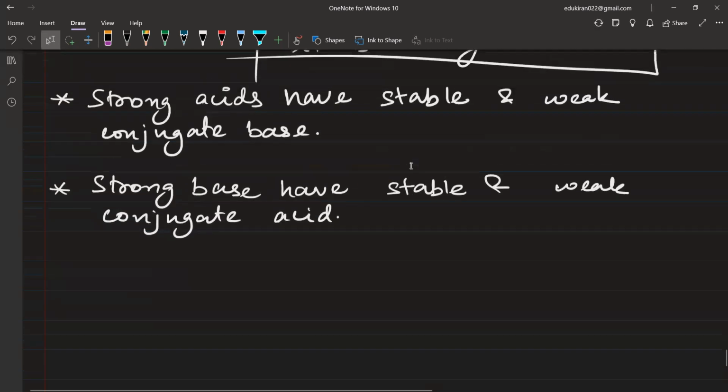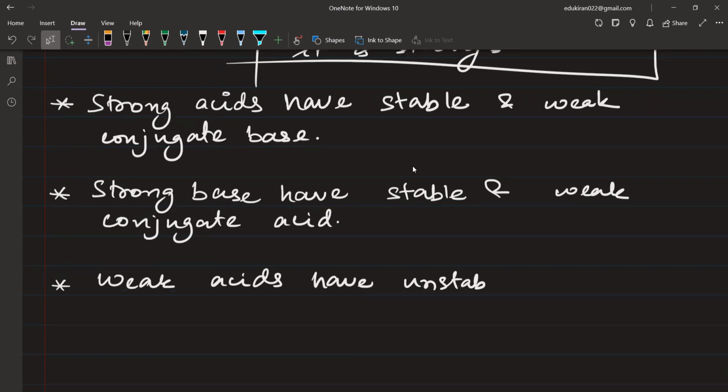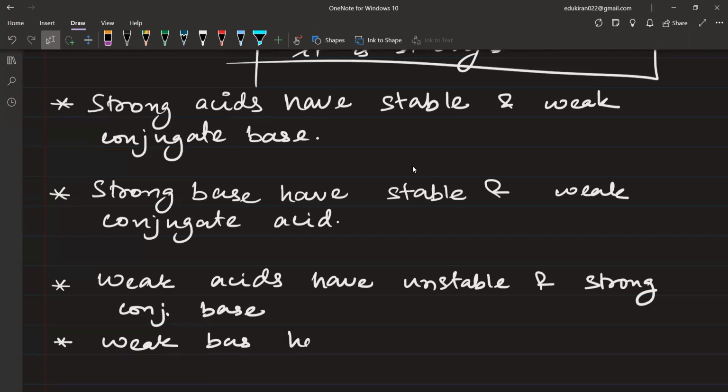In the same way, what can we write? Weak acid have unstable and strong conjugate base. Weak base have unstable and strong conjugate acid.